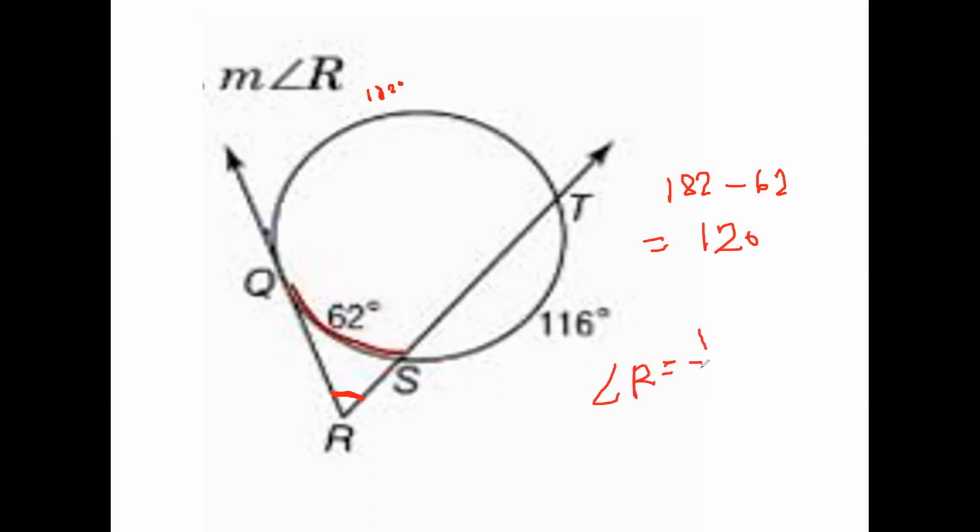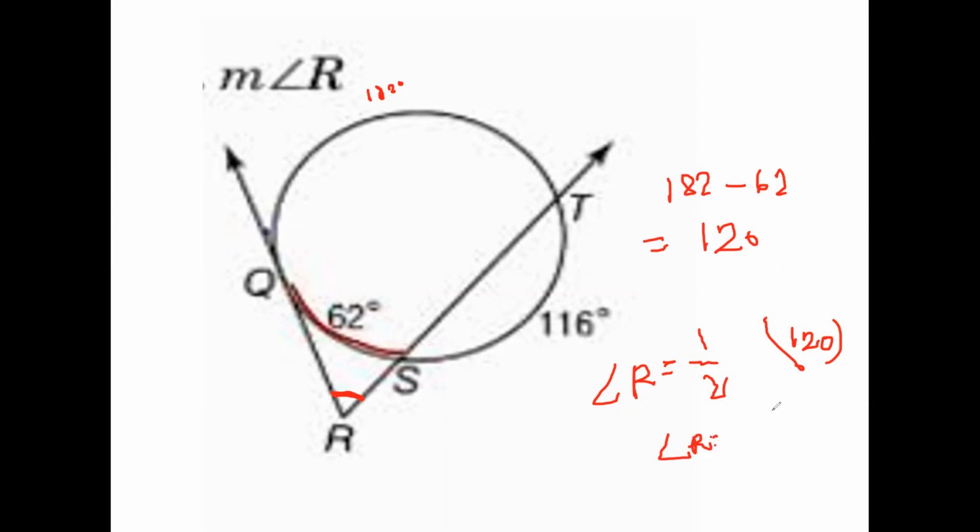So that is 1/2 times 120. So what is the measurement of angle R? 60 po, sir. That will be 60 degrees. Po. That's correct. That will be equal to 60 degrees.